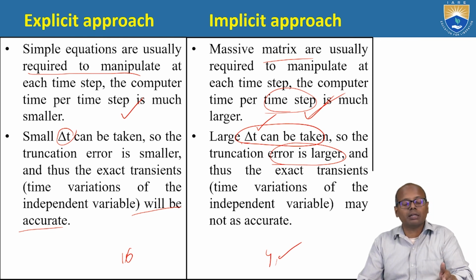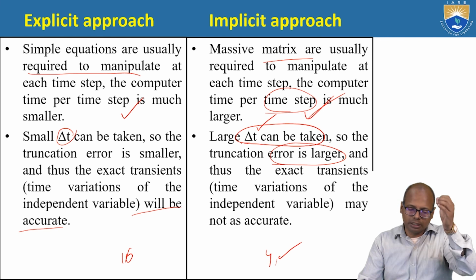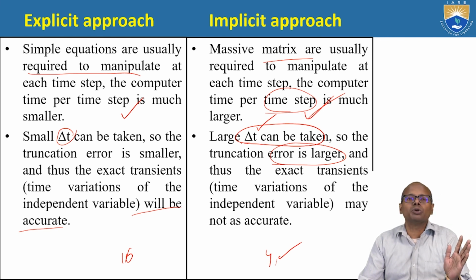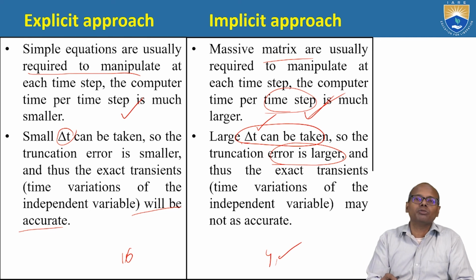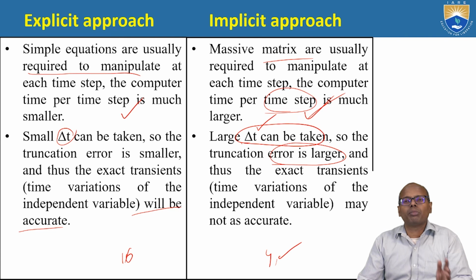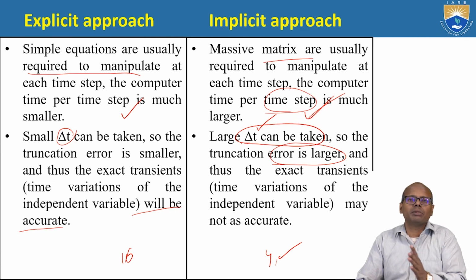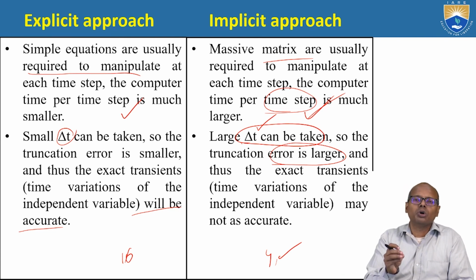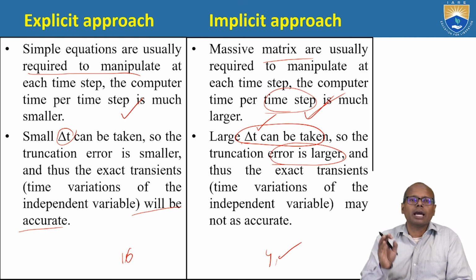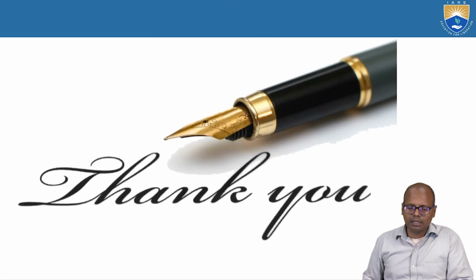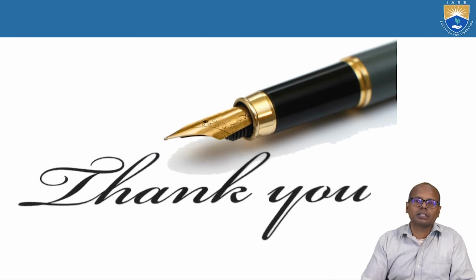In the explicit scheme, definitely we have to take a small value, so definitely we will get an accurate solution. But in the implicit scheme we have the freedom to take larger time steps, but we have to exercise some limitations and take a proper time step so that we can get an accurate solution. So this is about the explicit and implicit schemes.